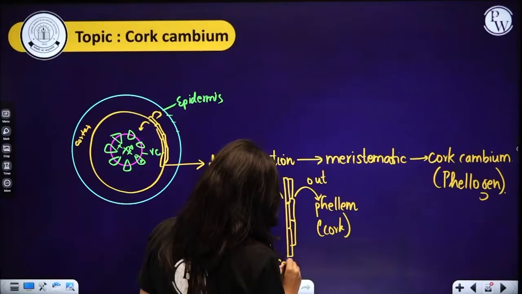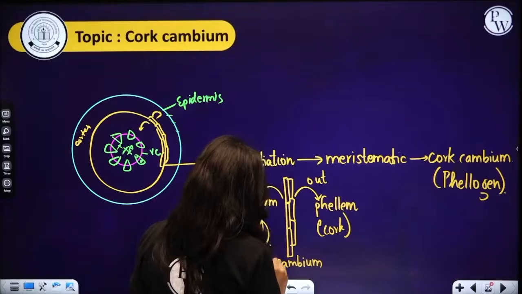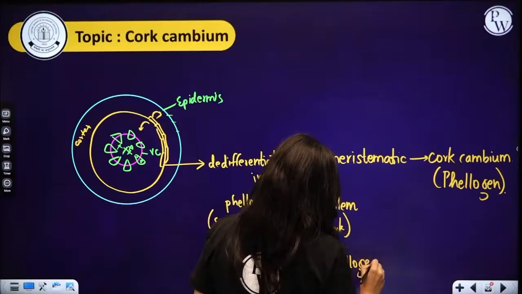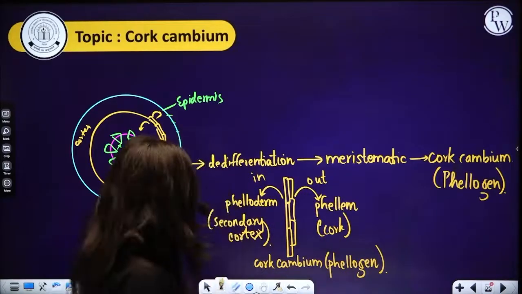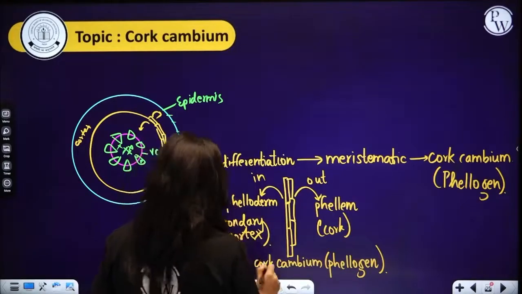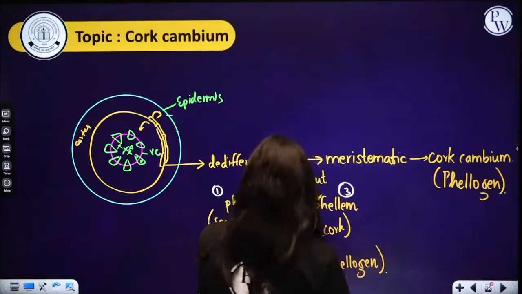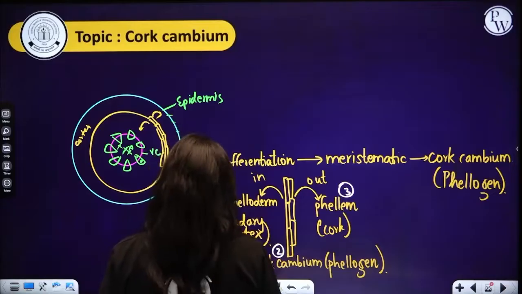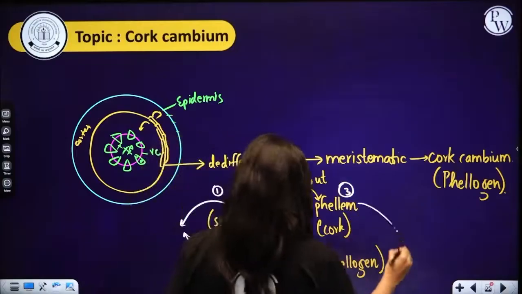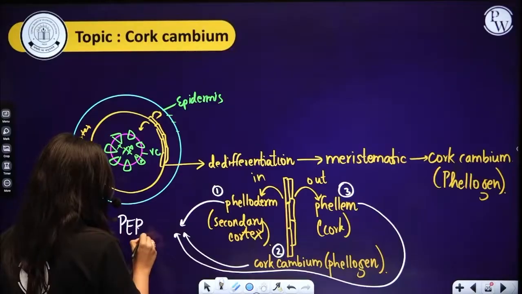So this is the cambium, cork cambium to be more specific, or phellogen. Okay, so these three layers, phelloderm, cork cambium, phellem, together are called the periderm.